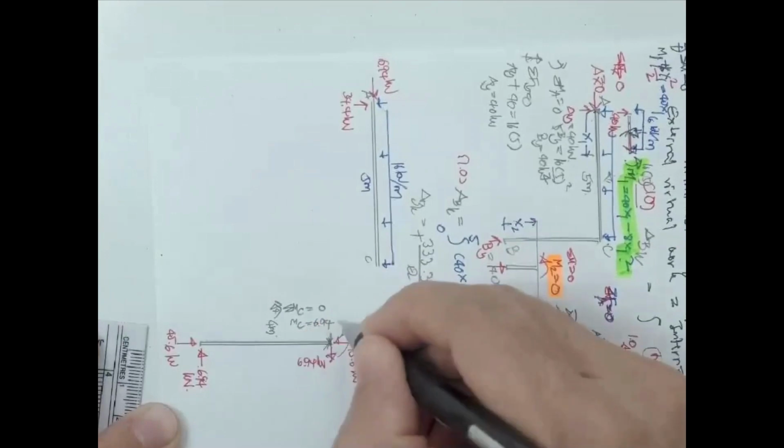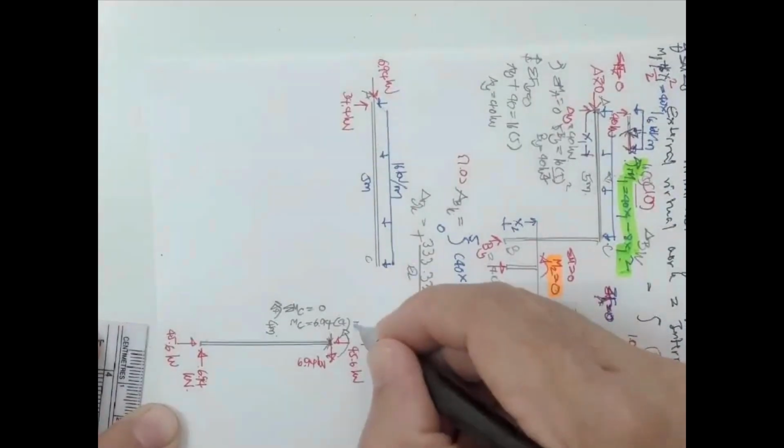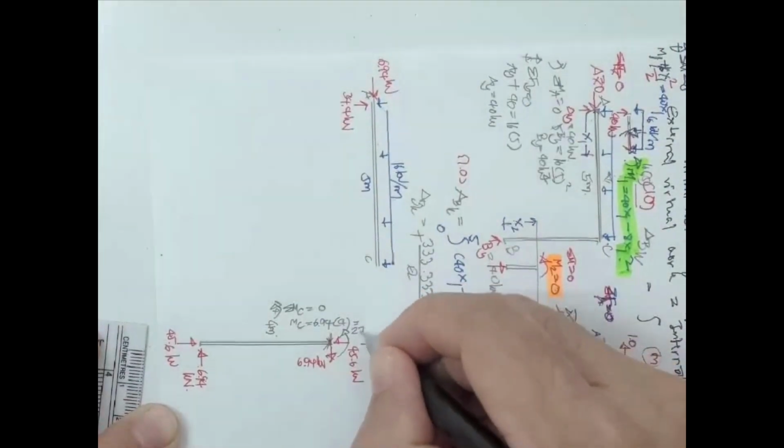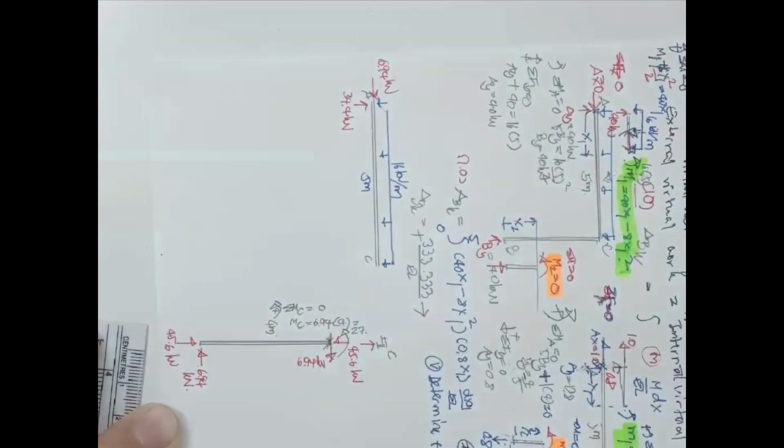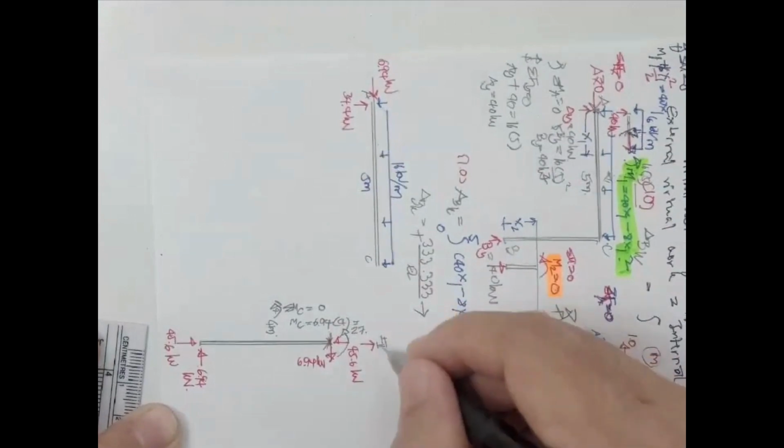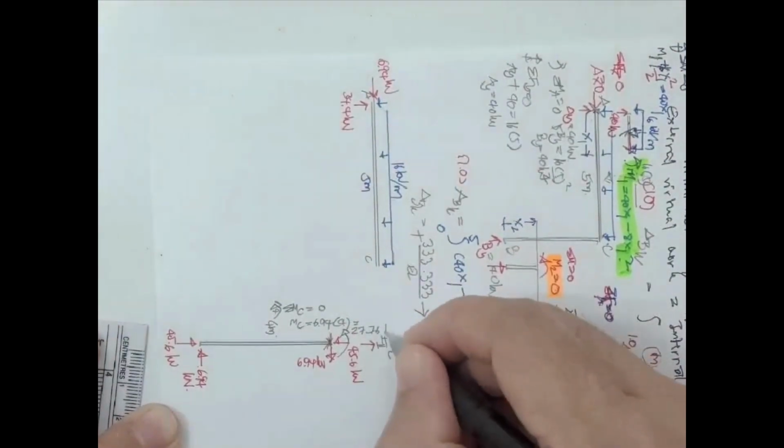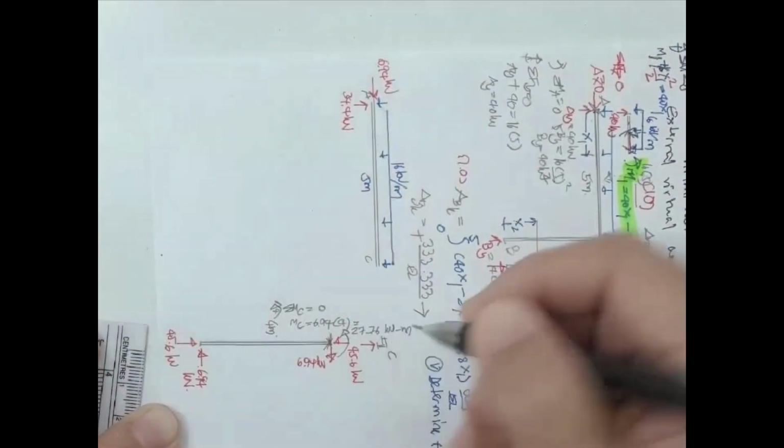And then you have 6.94 times 4. Okay, that's going to be 27.76 kilonewton meter.